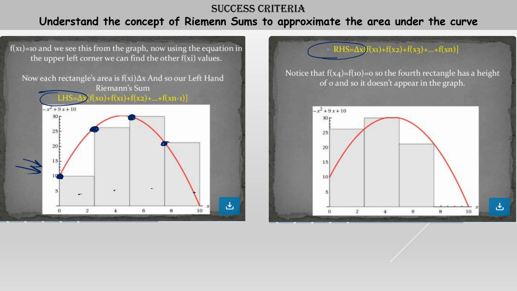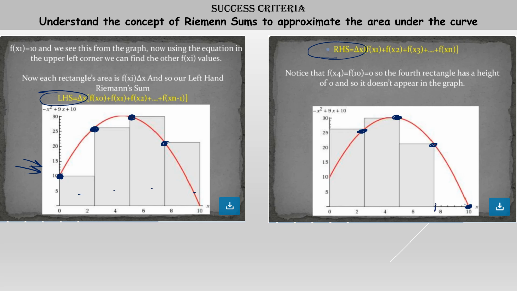In the right-hand side Riemann sum, we are going to join the right-hand side of the rectangle. In this case, you will see that the right corner of each rectangle is lying on the curve.